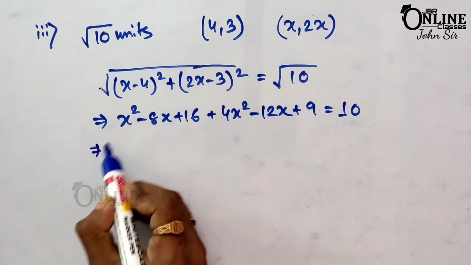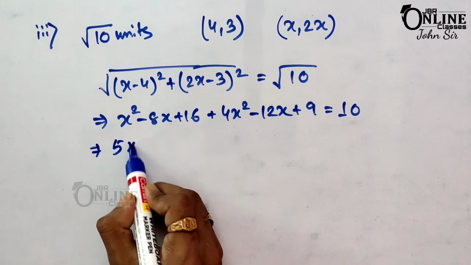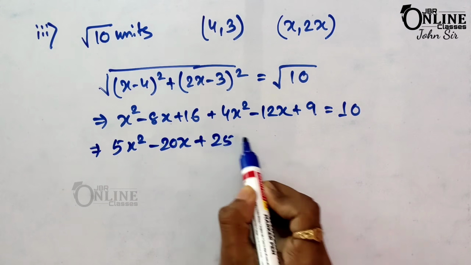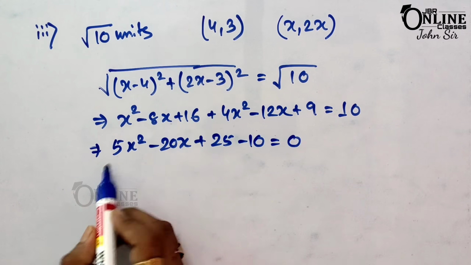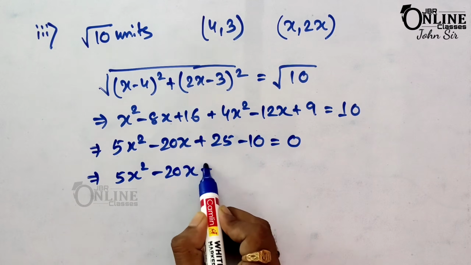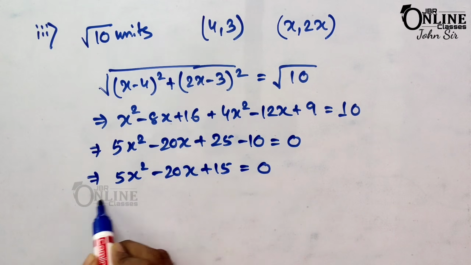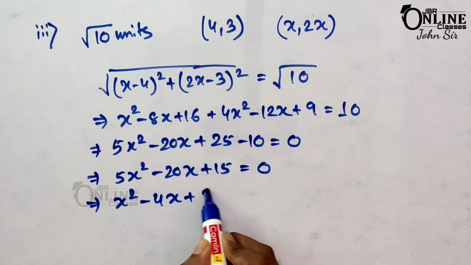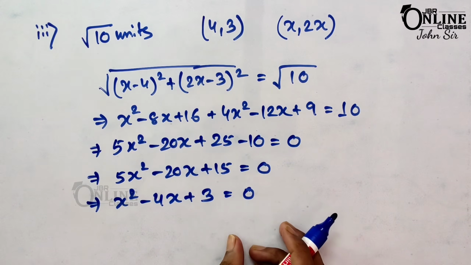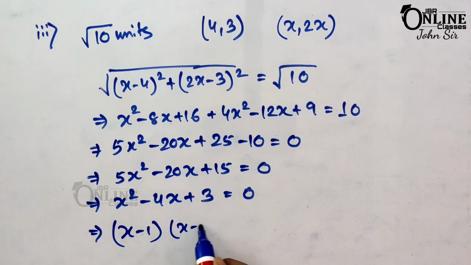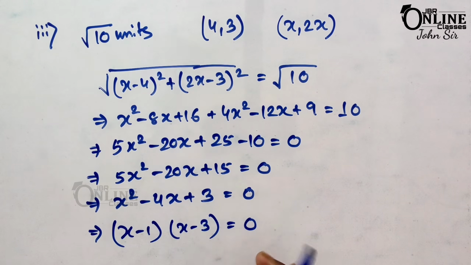Okay, so now x square plus 4x square is 5x square, minus 20x, and then 25 minus 10, that equals 0. So now 5x square minus 20x plus 15 equals 0. So if 5 is common, x square minus 4x plus 3 equals 0, dividing by 5 both sides. Now from this equation you will get (x minus 3) and (x minus 1) equals 0.